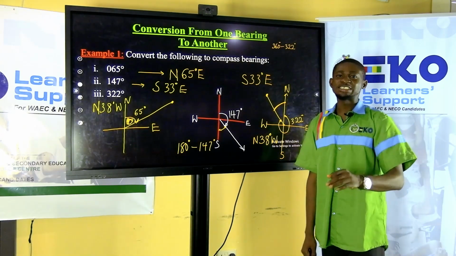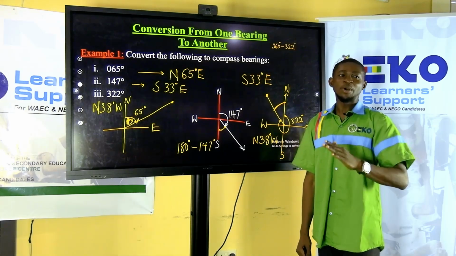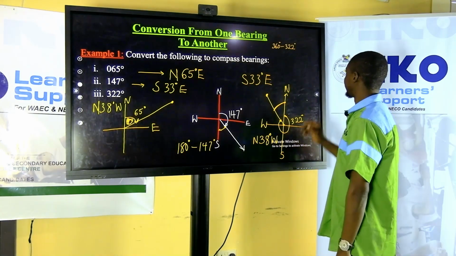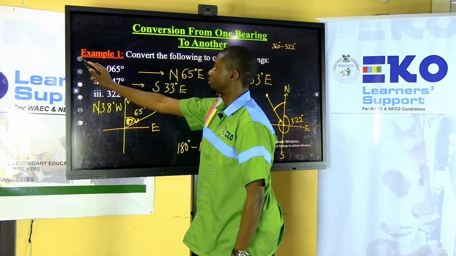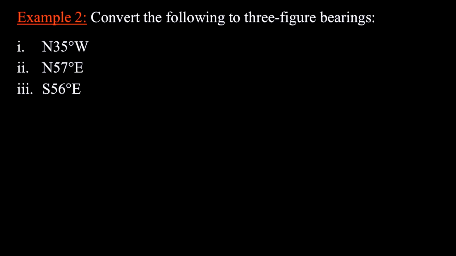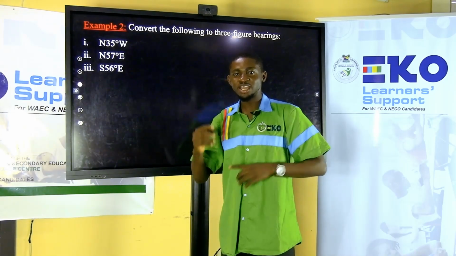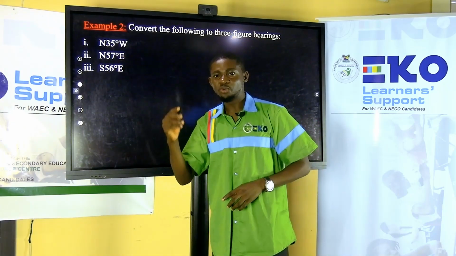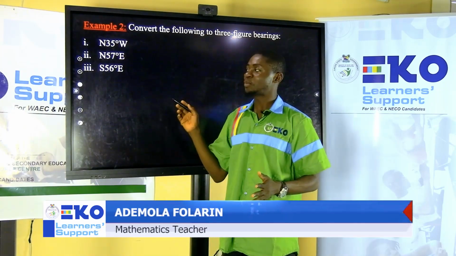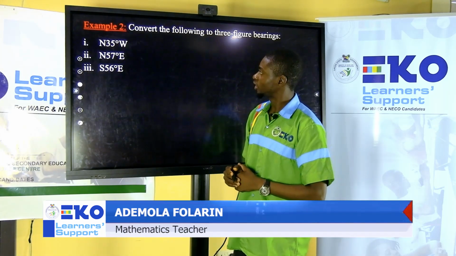Now let's take a look at conversion from compass bearing to three-figure bearing. Convert the following to three-figure bearings. Looking at it, don't forget, this is compass bearing. When you begin to hear north so many degrees west, south so many degrees west, or south so many degrees east, it is compass bearing. So here we want to convert this.